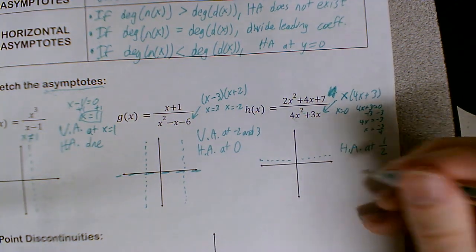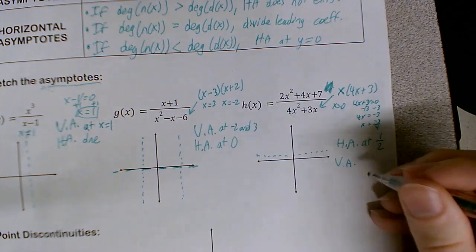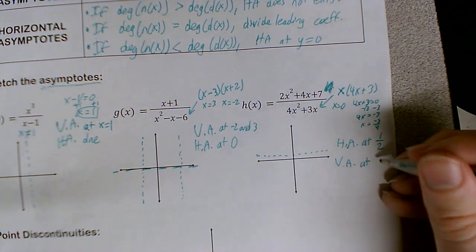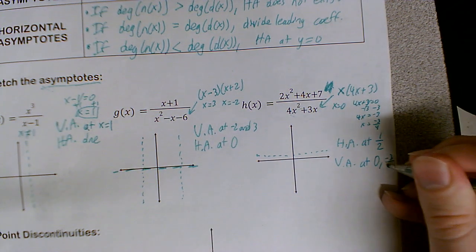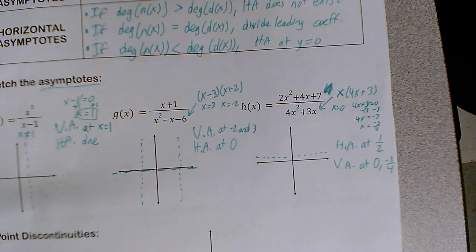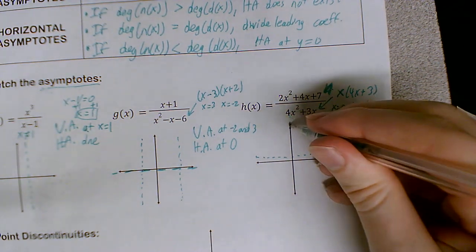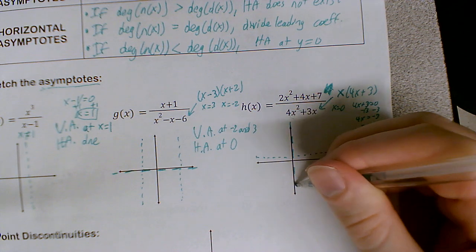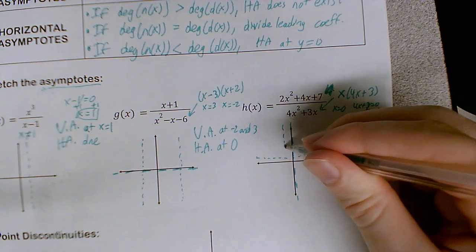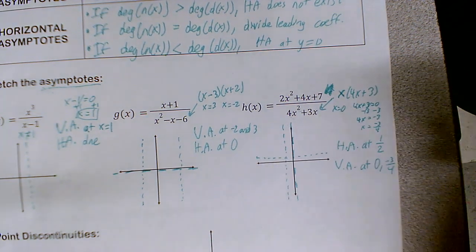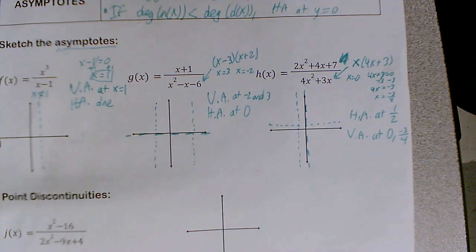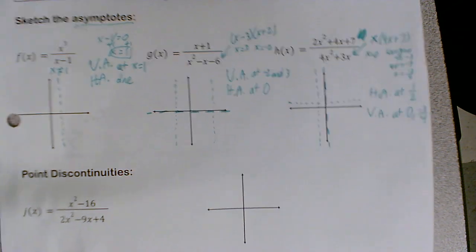So the vertical asymptotes, I'm going to write it down here this time, are at x equals 0 and negative 3/4, which is right here and right here. Okay, so that's the idea.